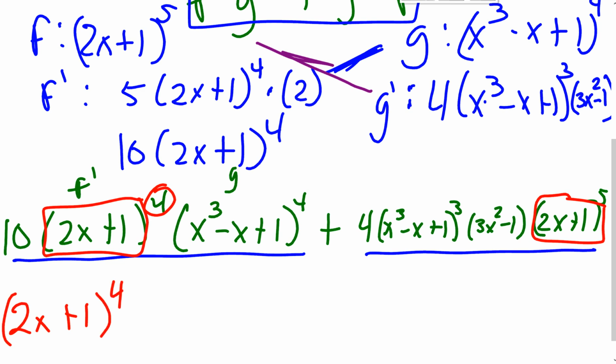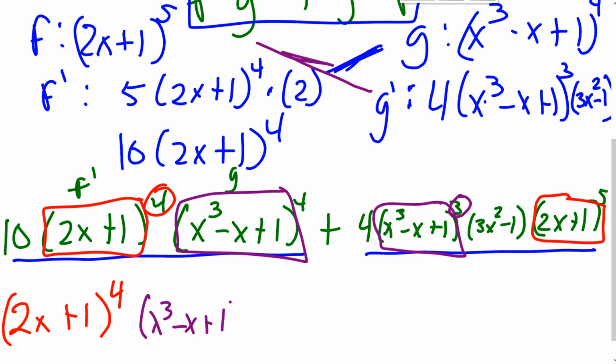And then the other factor that I have is this one, because they're both on the same, and the most I can take out is cubed. So these will be all gone. This is what I'm taking out, to the 3rd. So these are all gone.